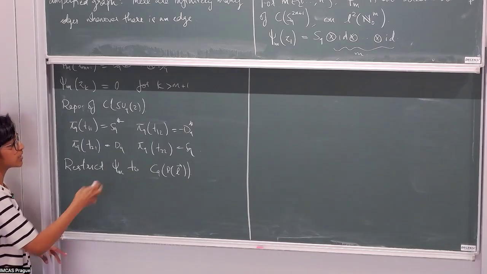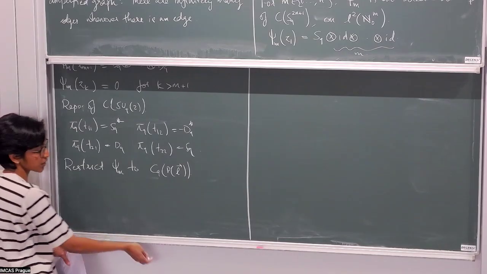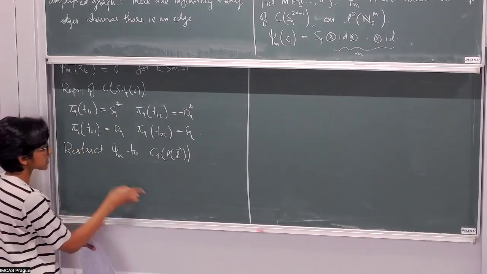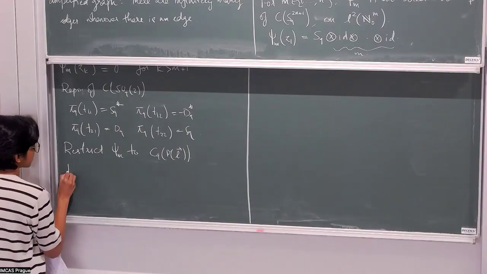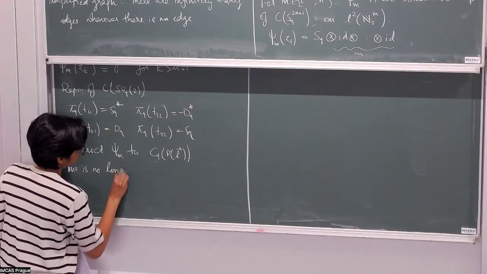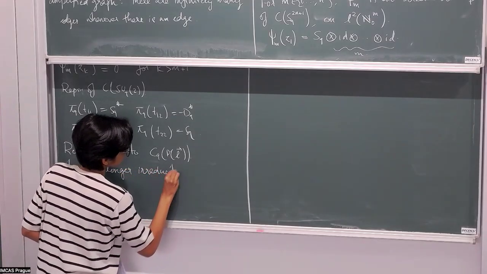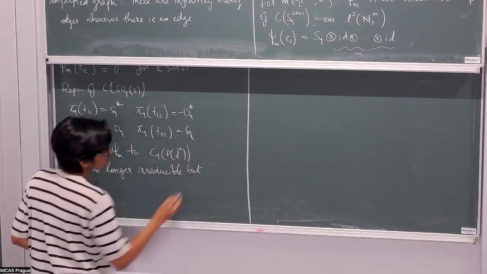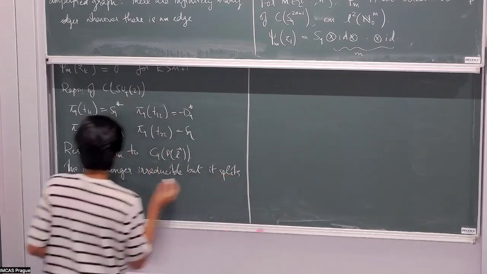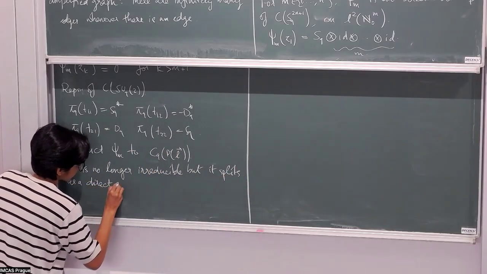If you restrict to a subalgebra, there is no need for it to be irreducible, and that's exactly what is going to happen here. These are no longer irreducible, but it splits as a direct sum of irreducible representations.